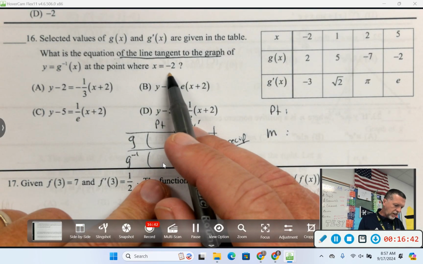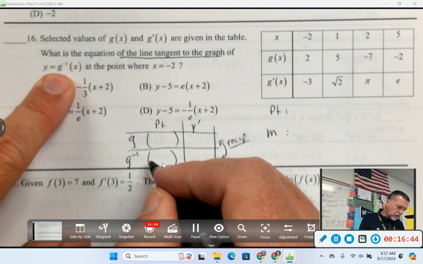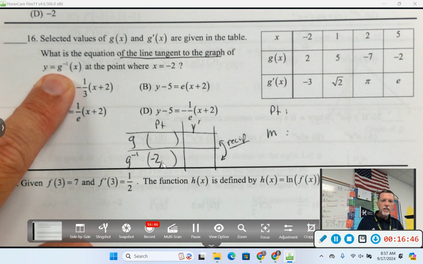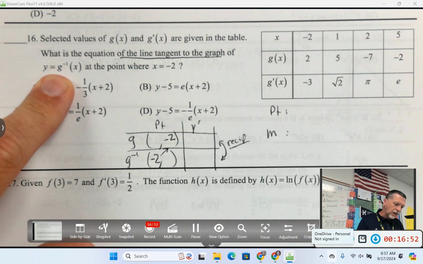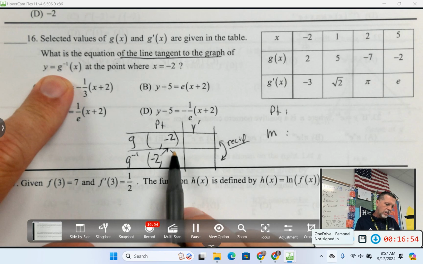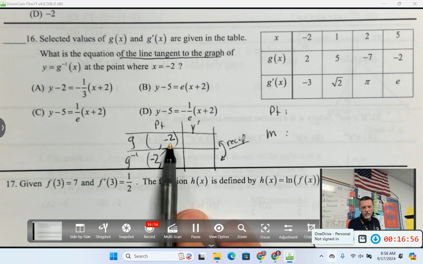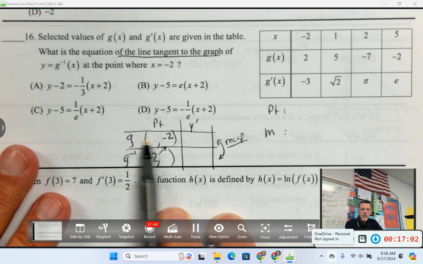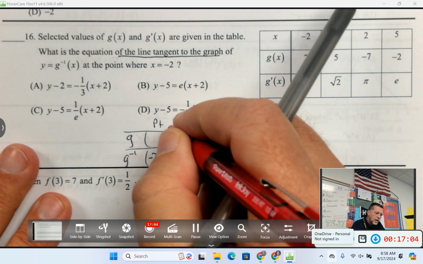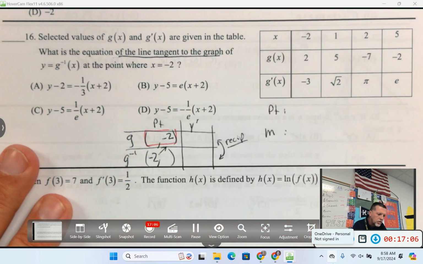Okay, x is negative 2 for the inverse. That goes there. You get the hang of these. They all kind of work the same, which means negative 2 goes there. So if negative 2 is the y value for G, what would the x value have been? Negative 2 is the G value.